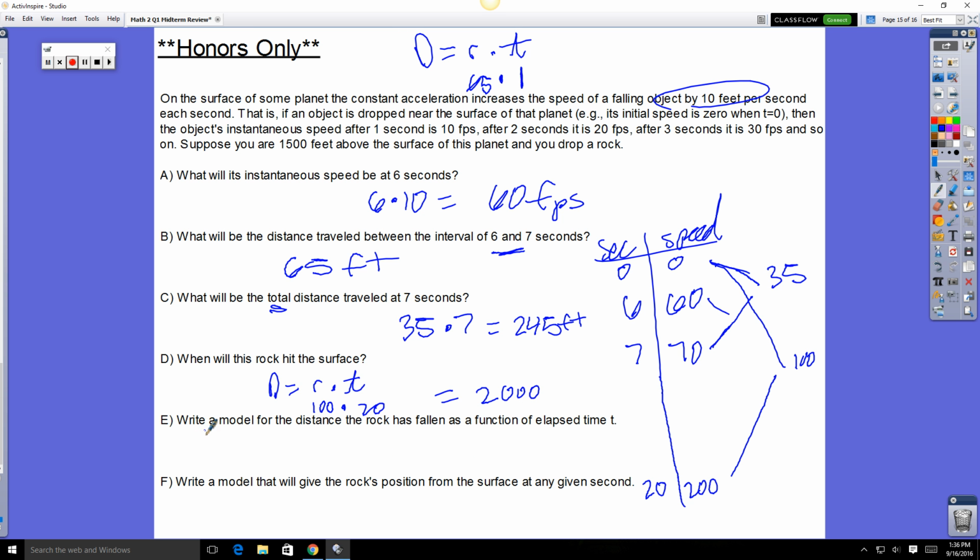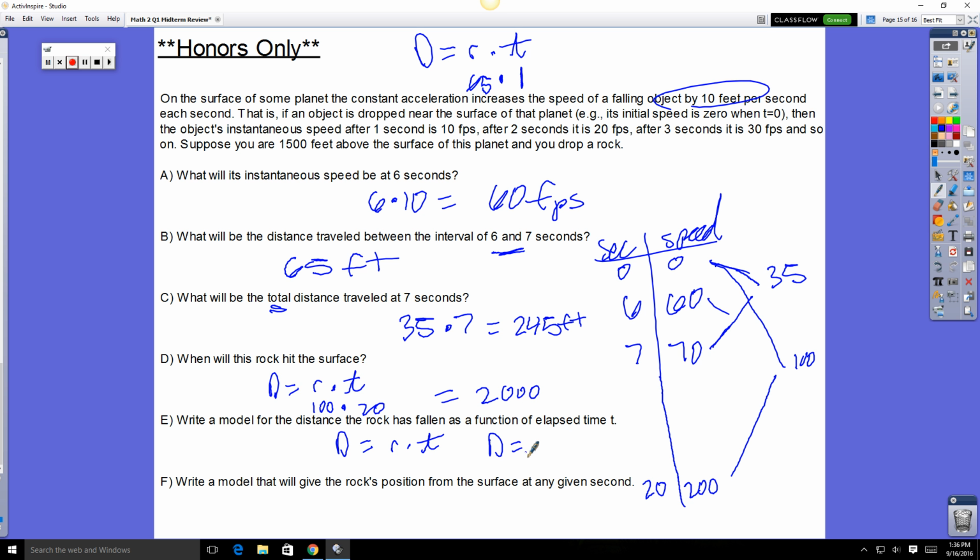So let's do the function. Distance equals rate times time. Your rate is changing, so the rate depends totally on the time.